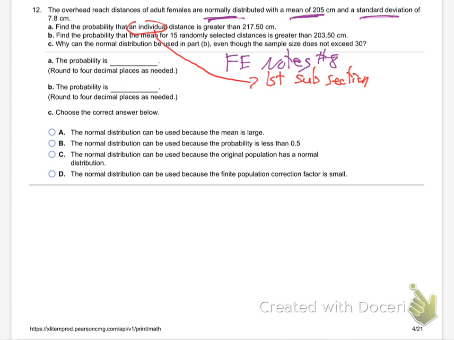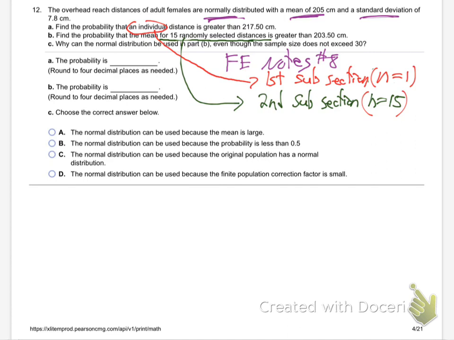And then look at part B here. Part B says, for 15 randomly selected distances. So that's the second subsection with n equals 15. Up here it's n equals 1 because it was an individual. Here, I'll change the color. N equals 1. This was n equals 15, right?